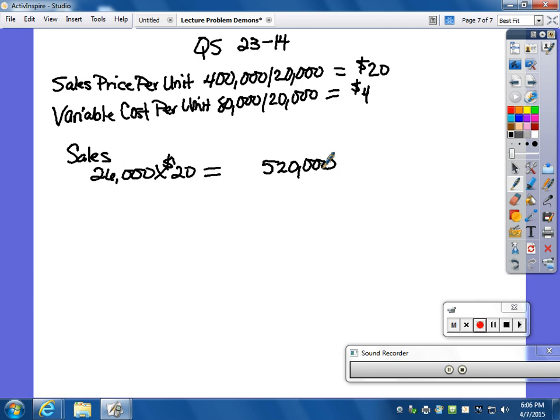What's the next thing to find out? Variable cost for those 26,000 units. 26,000 times what price? $4, which equals 104,000.